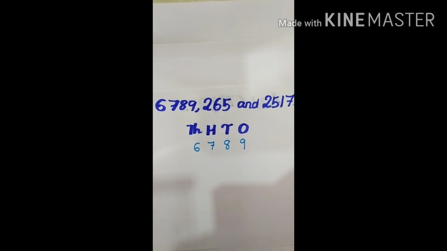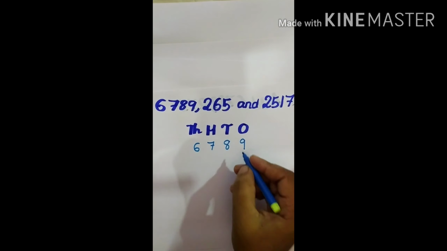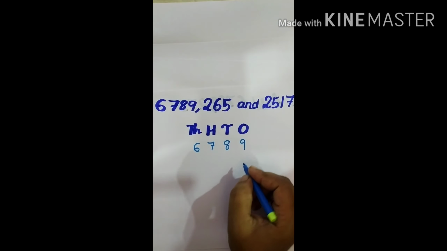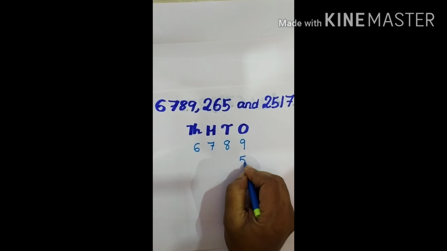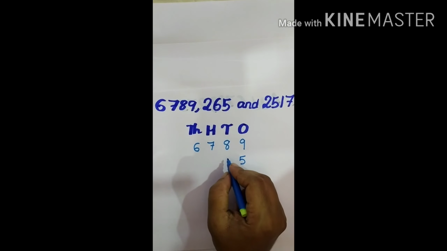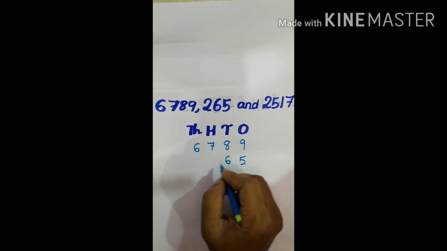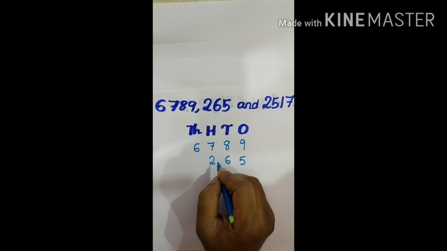Arrange the second number below the first number. Start from the right. Under 9 we have 5. Under 8 we have 6. Under 7 we have 2.